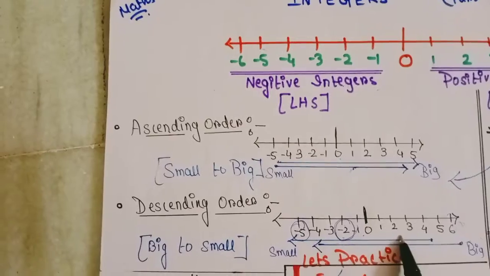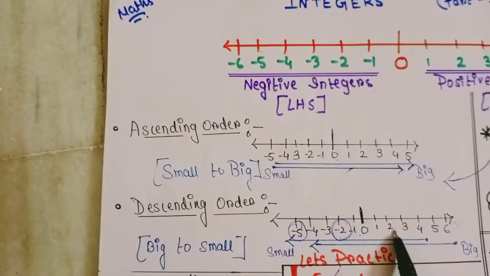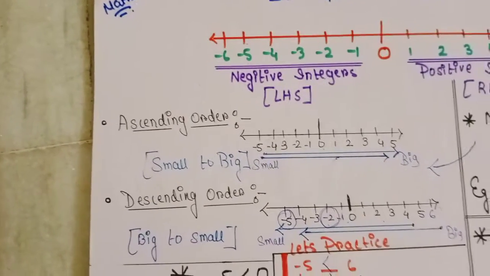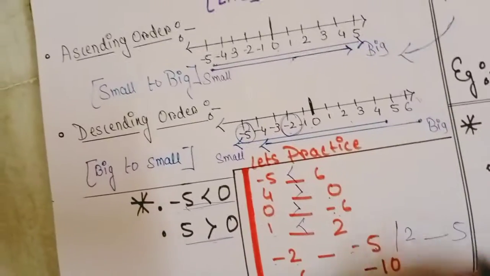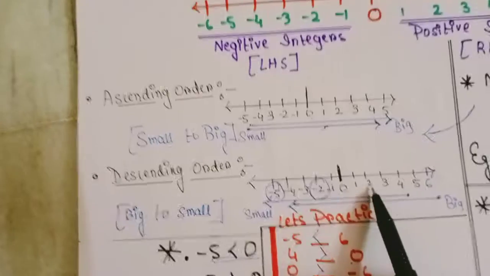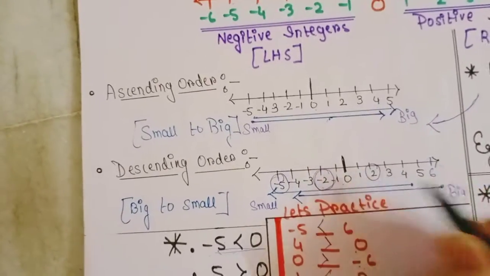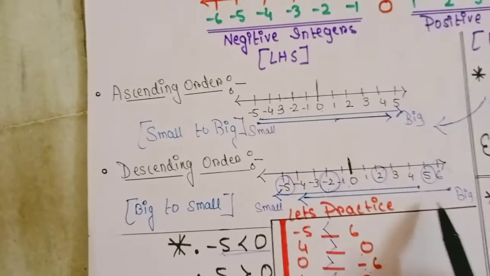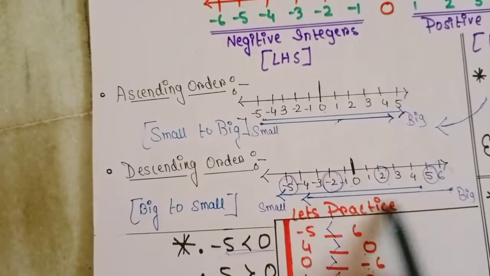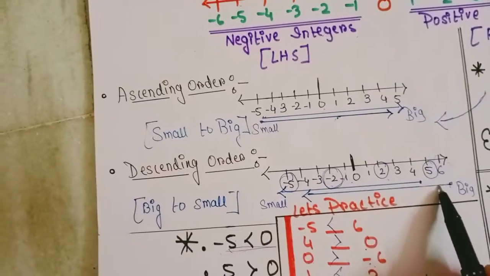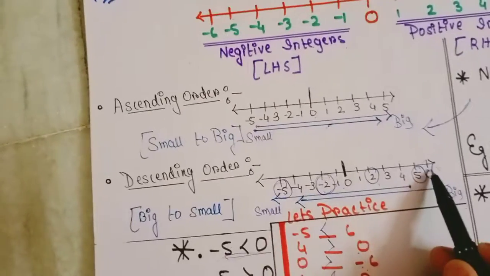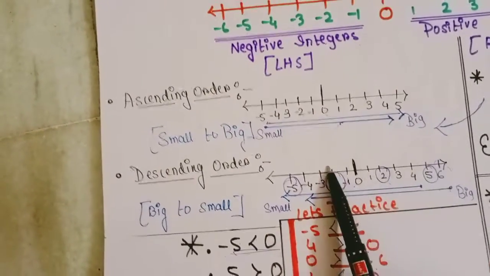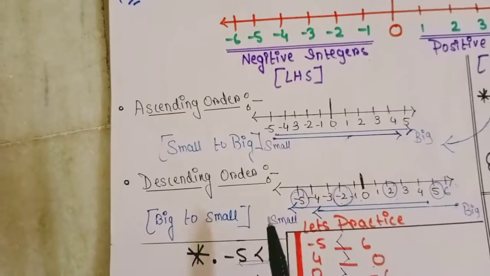Just like here, if we ask who is greater, 2 or 5: see the arrow that I have shown, big to small. So the thing over here would be big and over here would be small.